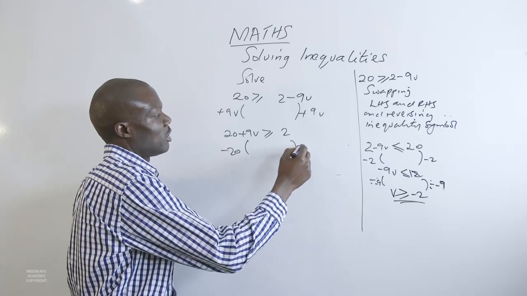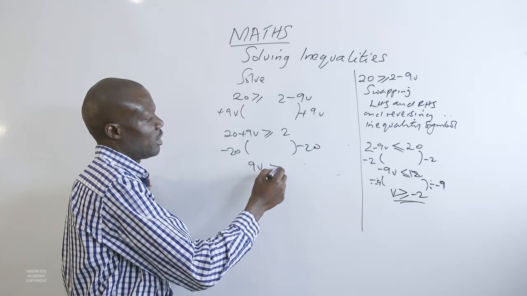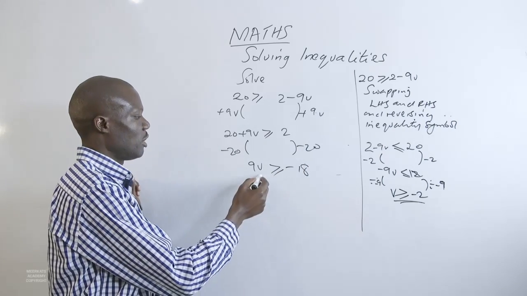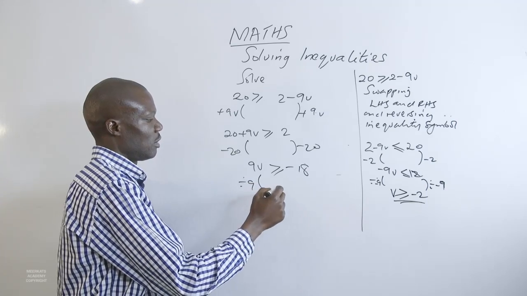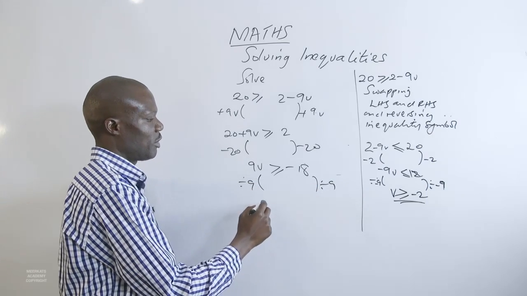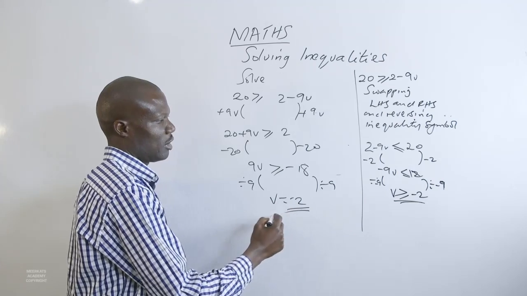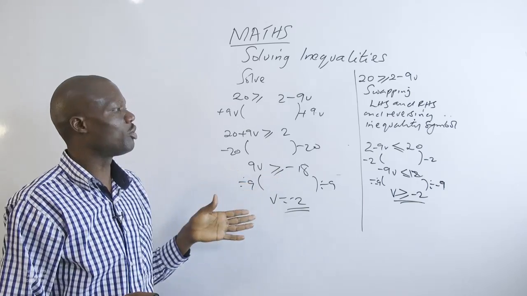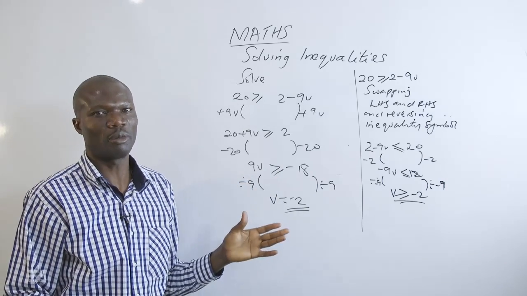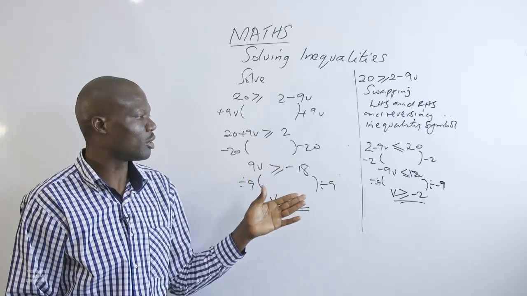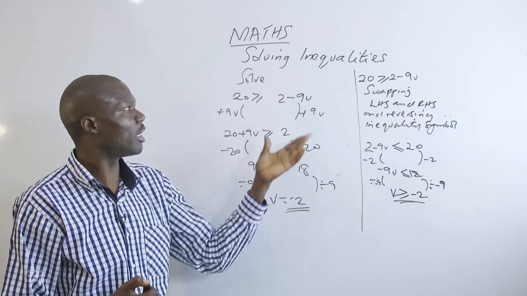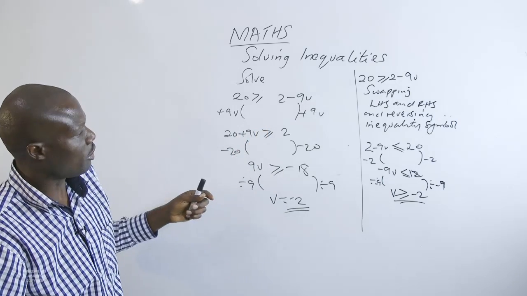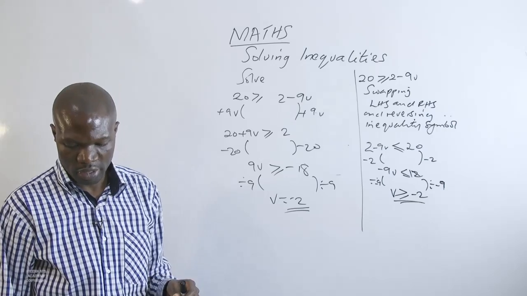Subtract 20, you get 9v is greater than or equal to negative 18. Then we divide by 9, and you find v is greater than or equal to negative 2. So there are 3 ways in which you can approach this question without any problem, and we are able to solve it. So we can simply handle inequalities with negative coefficients in those 3 ways.